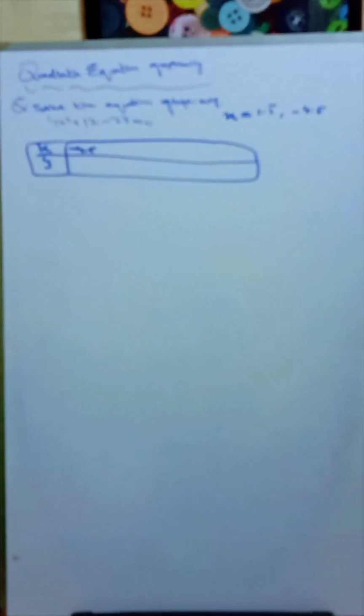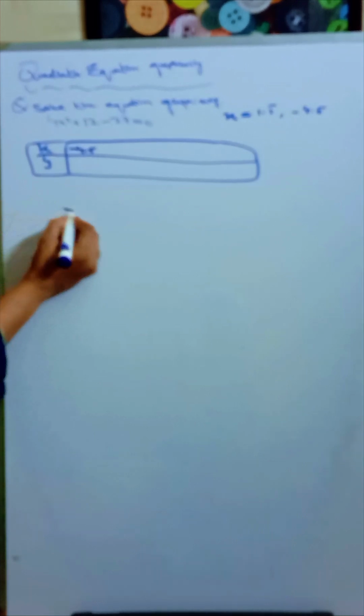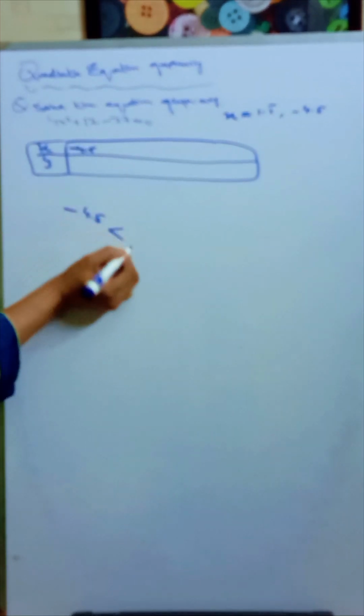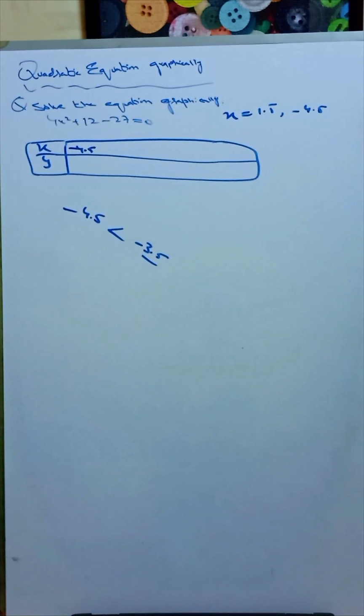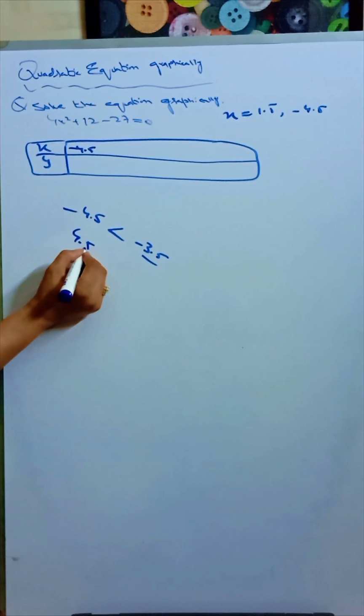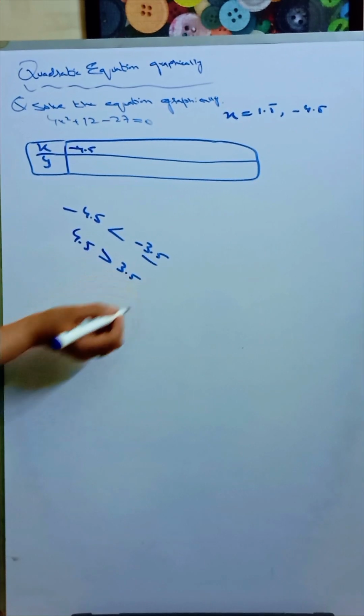Tell me one thing, which one is greater, minus 4.5 or minus 1.5? Always remember that the greater value in negative must be smaller. Minus 4.5 is smaller than minus 3.5. But in the case of positive numbers, 4.5 is greater than 3.5.